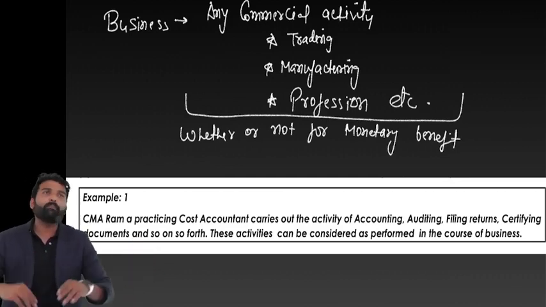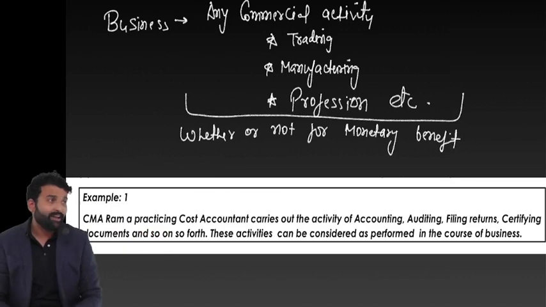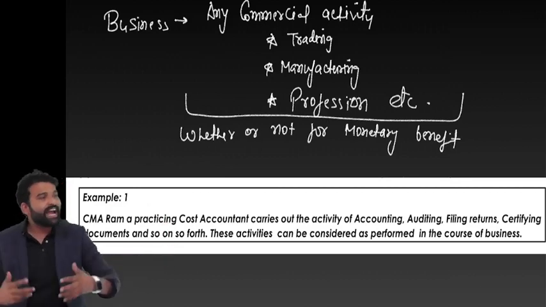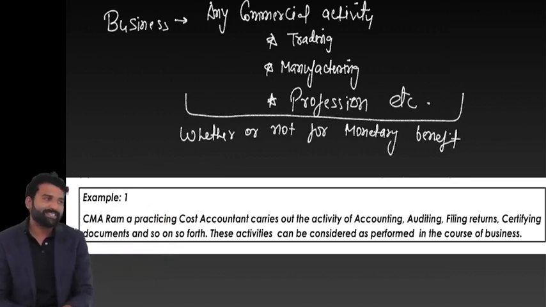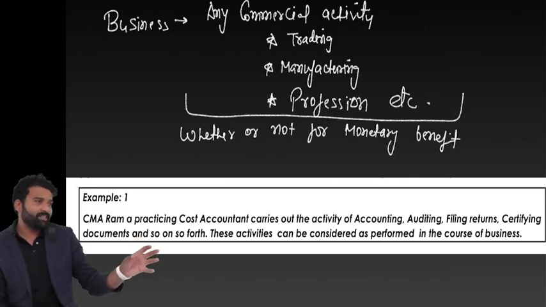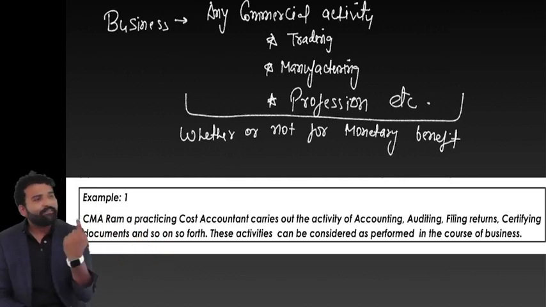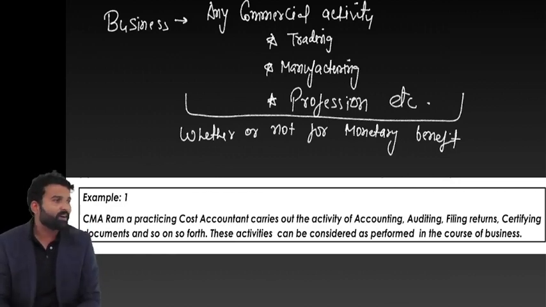I don't have to apply for 20 different GSTs. I am talking about branches. If I have branches in different states, then I have to apply for separate GST in different states. So it depends on the place of business. If I am supplying goods from one place of business to different states, I will survive with only one GST number. I don't have to go for 20 or 30 GST numbers. Okay?